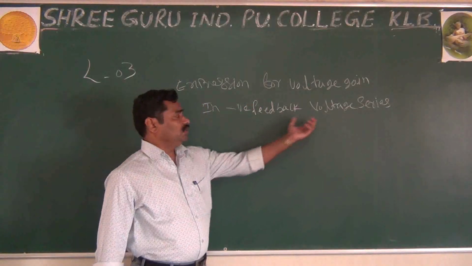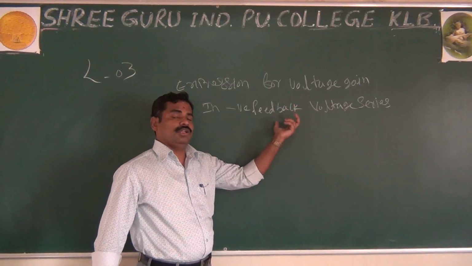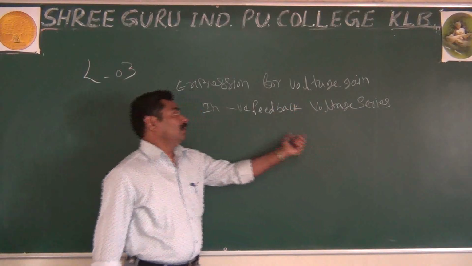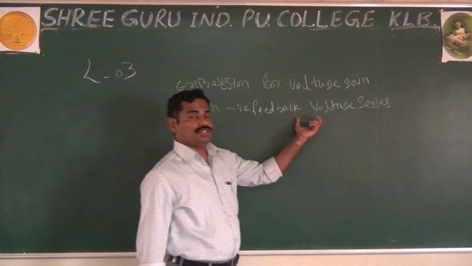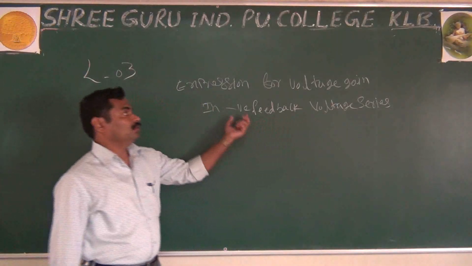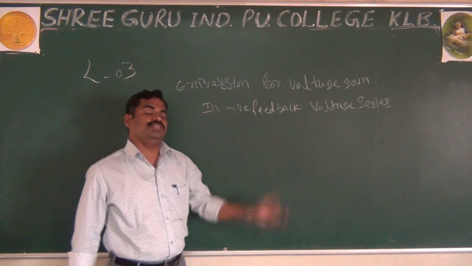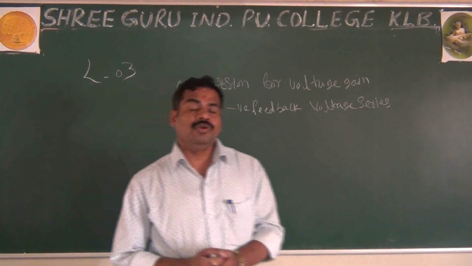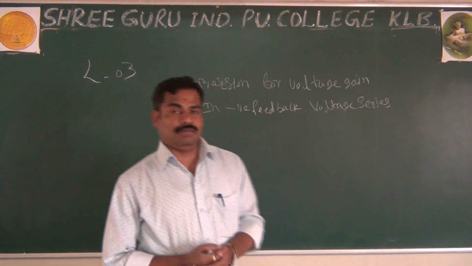As I said already, why voltage series? Because it has more input impedance and lower output impedance. And for this voltage series feedback, you have to derive the voltage gain. What is the voltage gain of your voltage series negative feedback amplifier?